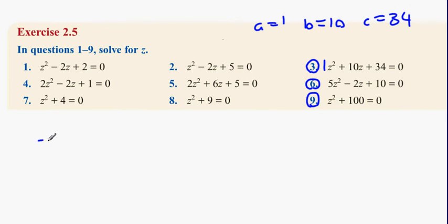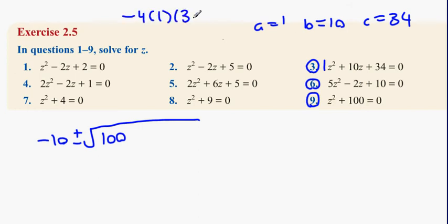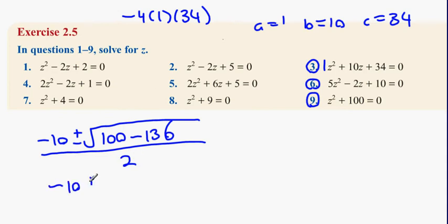We're going to do the minus b formula: minus 10 plus or minus the square root of b squared, which is 100, and then minus 4ac, so minus 4 times 1 times 34, and to my knowledge that would be minus 136, all divided by 2a in the bottom, which is 2. It's going to be minus 10 plus or minus the square root of minus 36.